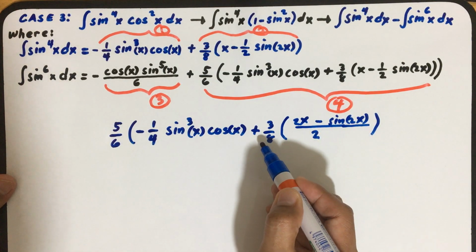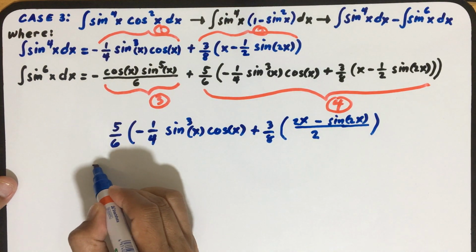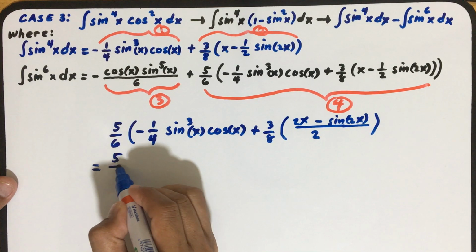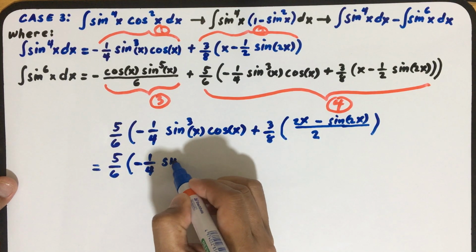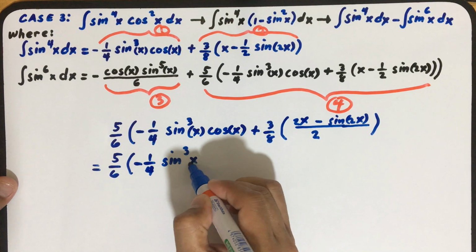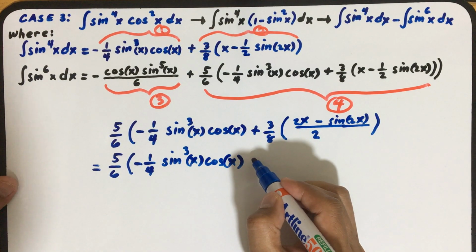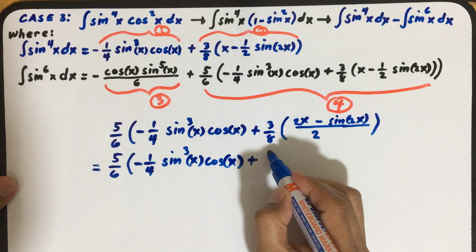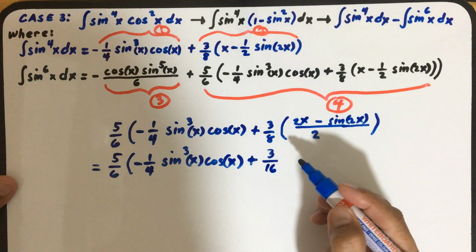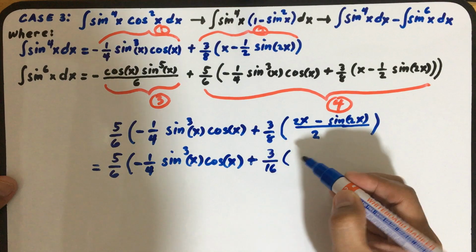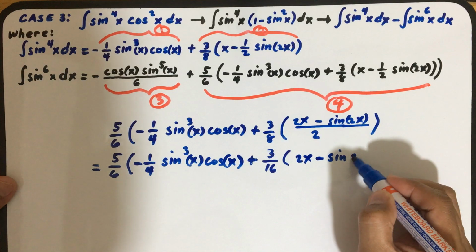So you can put this outside, then multiplied by 3 over 8. So this becomes 5 over 6 times negative 1/4 sine cube x cosine x, then plus 3 over 16 times 2x minus sine 2x.